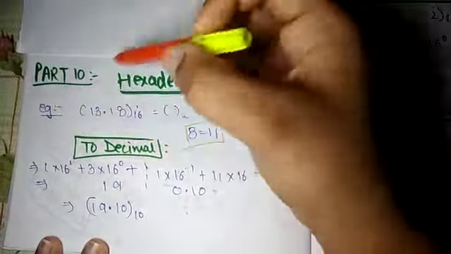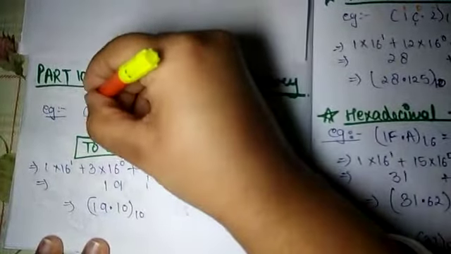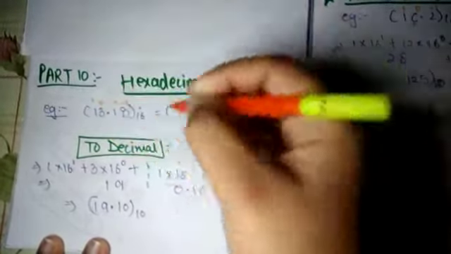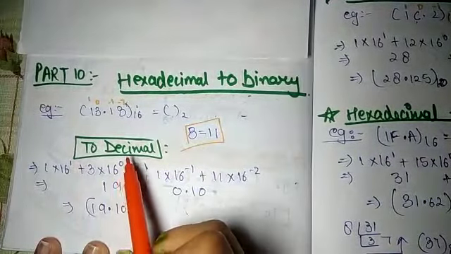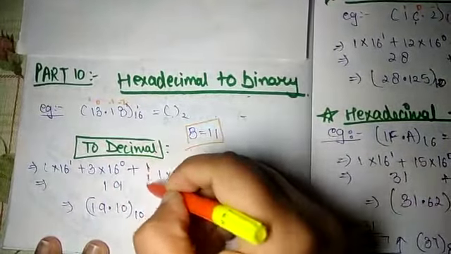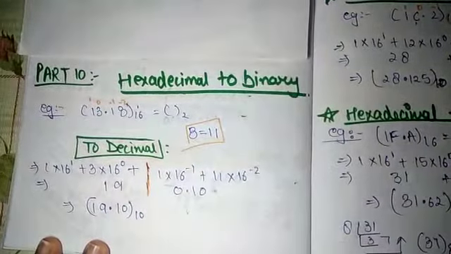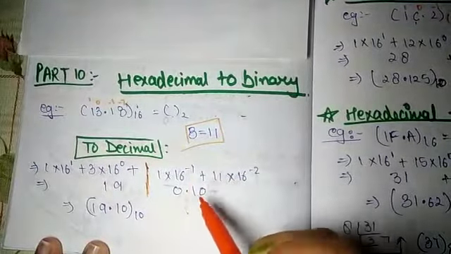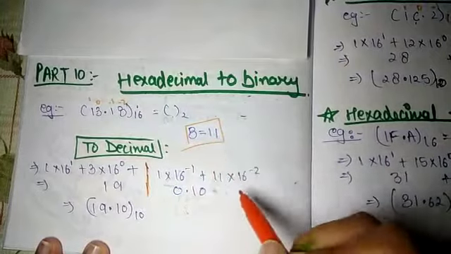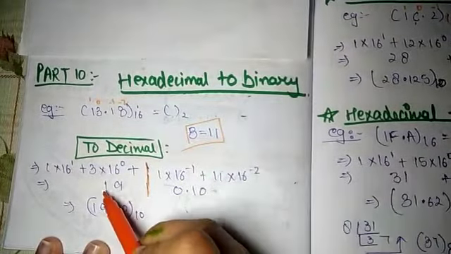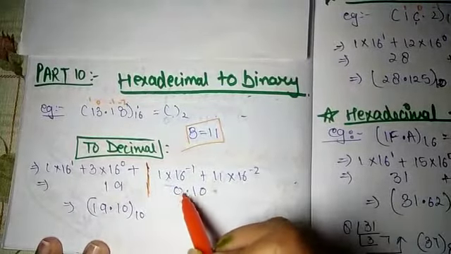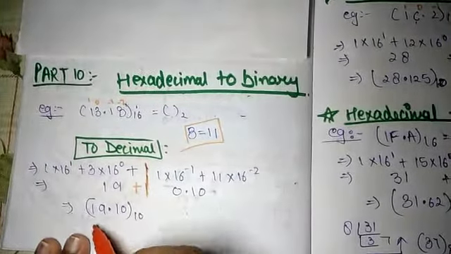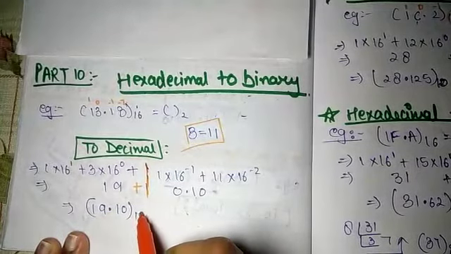13.1B. So the powers will be 1, 0, minus 1, minus 2. So 1 into 16 power 1 plus 3 into 16 power 0, plus there is a separation again for our convenience, 1 into 16 power minus 1 plus 11 (B) into 16 power minus 2. The summation of this part is 19 and this part is 0.10. After adding both the values, we get 19.10 in decimal form.